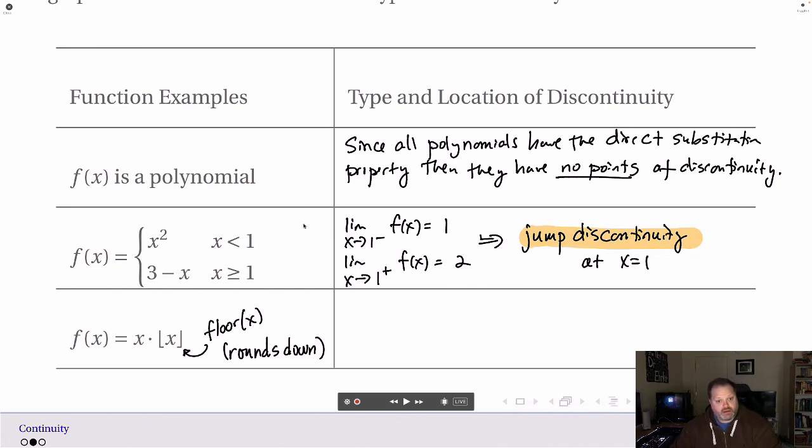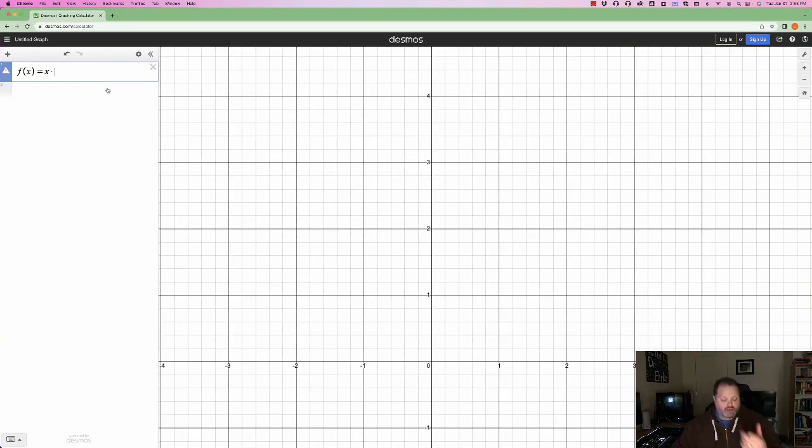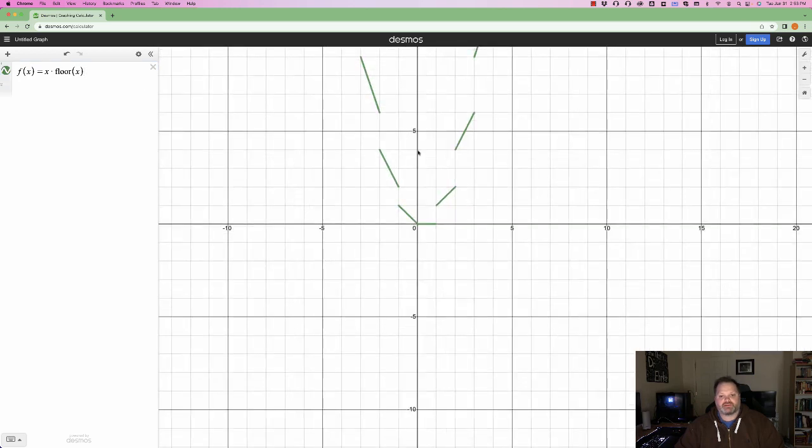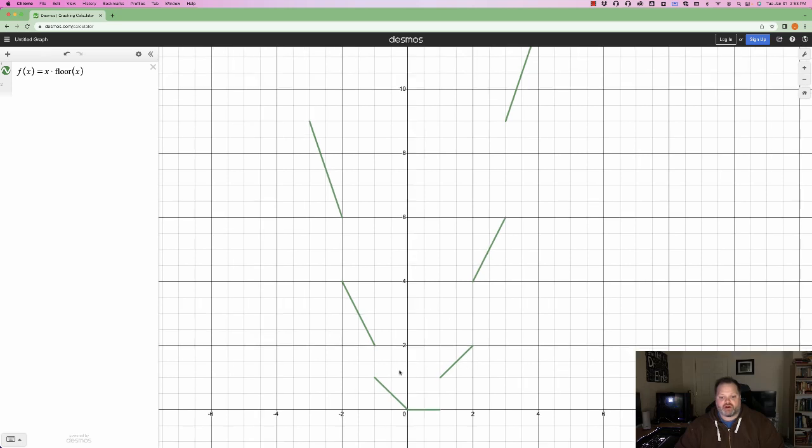In Desmos, we can just use the word floor to represent this. So x times the floor of x. Now you can see on the graph, there are a whole lot of these jumps.